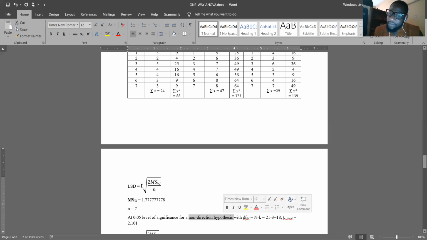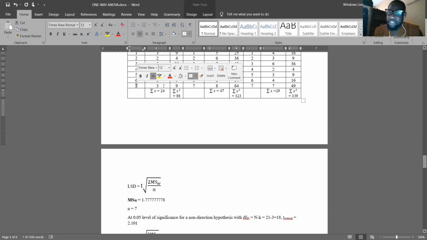And you know the formula for degree of freedom for within, that's N minus K. And you know what big N represents? It represents the total number of participants in all the groups. So we have 7 participants each, so it will be 7 plus 7 plus 7, which will be 21. And you know what K represents? It represents the total number of groups. And the groups were how many? 3, meaning our degree of freedom for within will be 18.